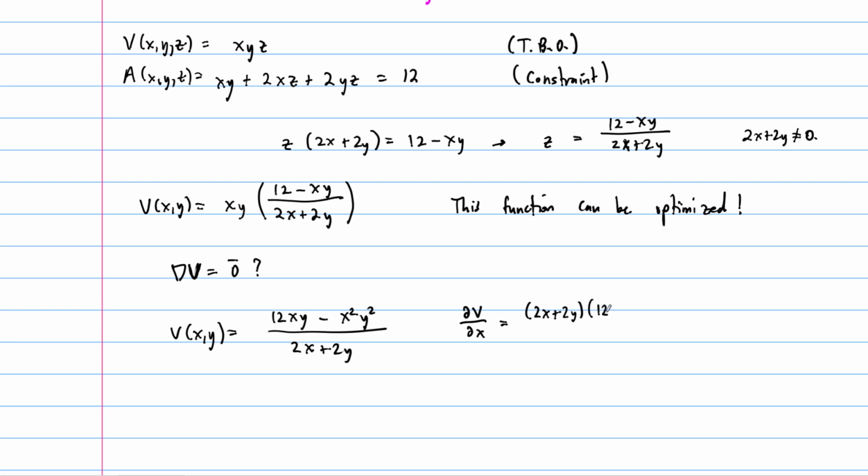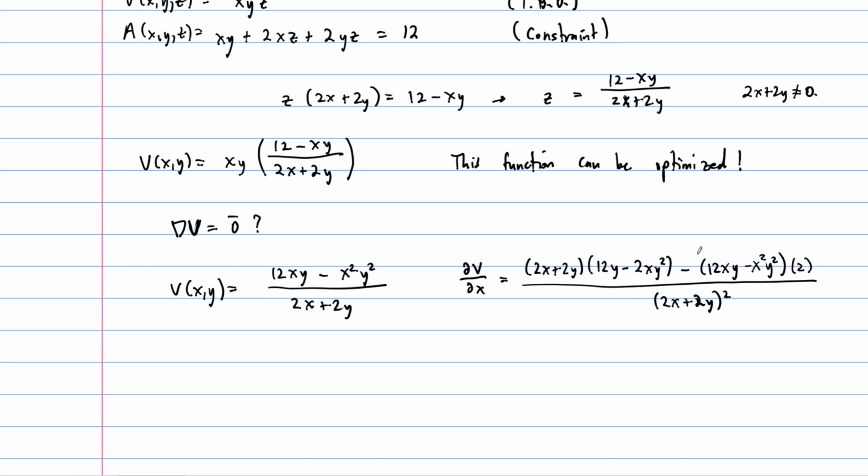So that's going to give us 12y minus 2xy squared, minus the numerator 12xy minus x squared y squared times the x derivative of the denominator, so that's 2, all over (2x plus 2y) quantity squared. And now we just have to carefully work out this numerator here.